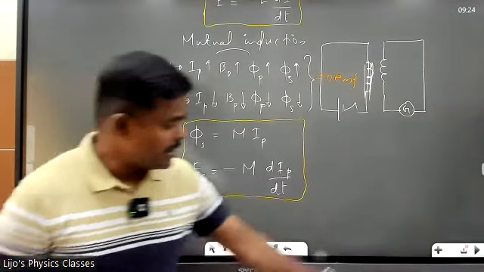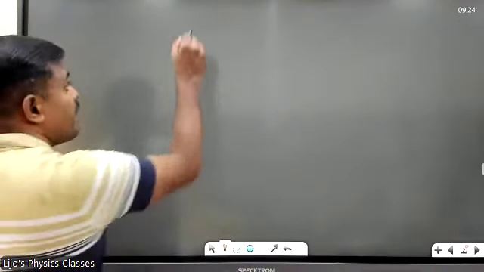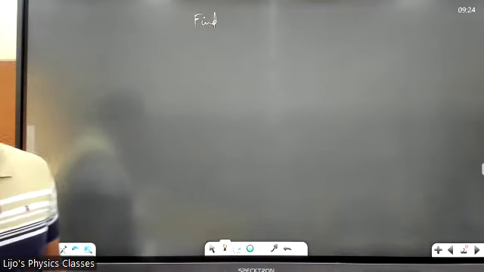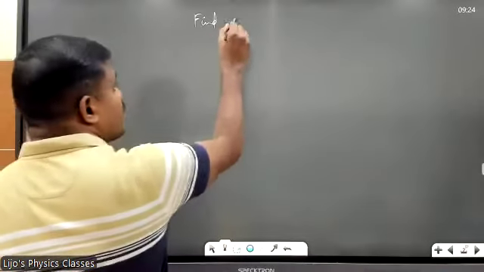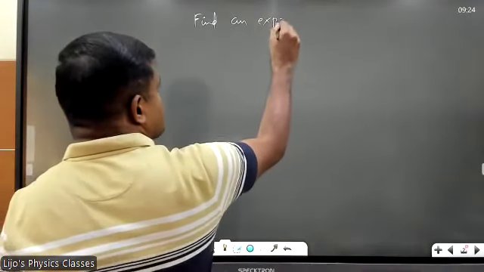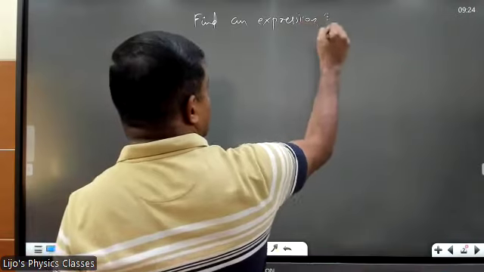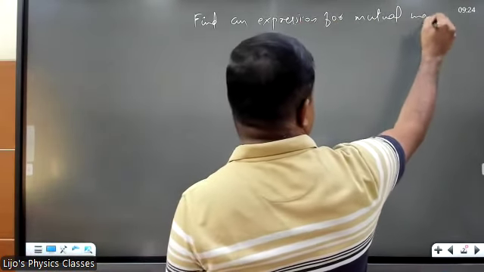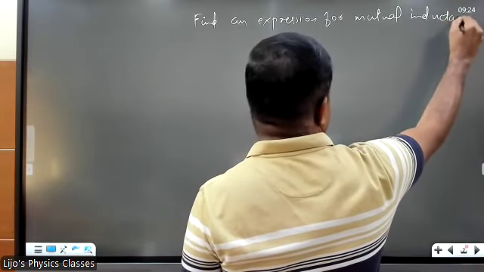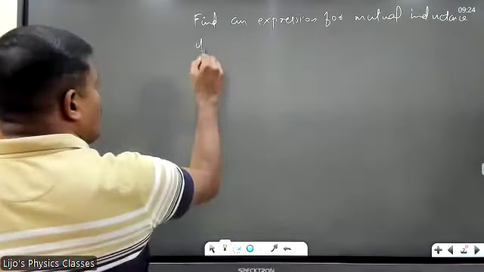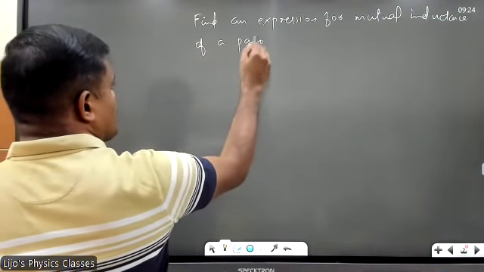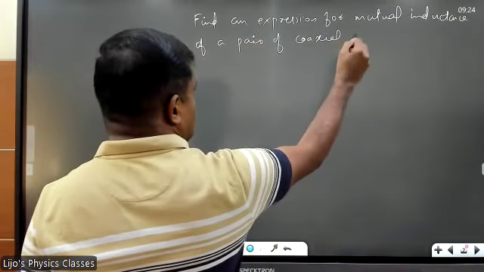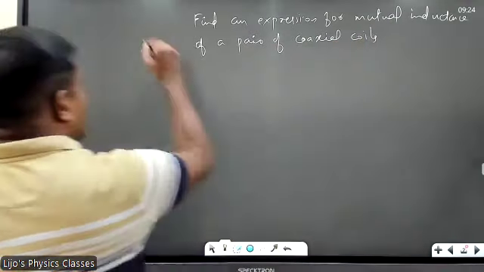So let us write the question. Write it as important. Find an expression for mutual inductance of a pair of coaxial coils.